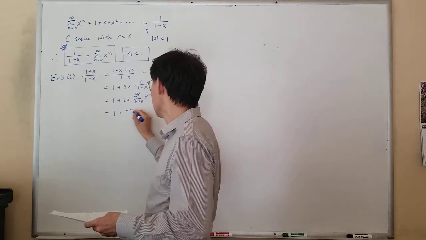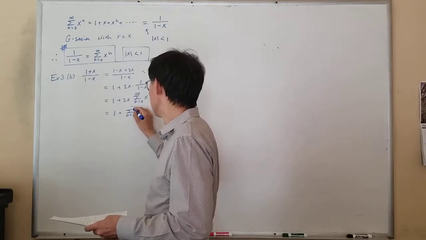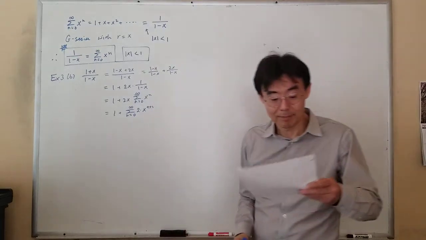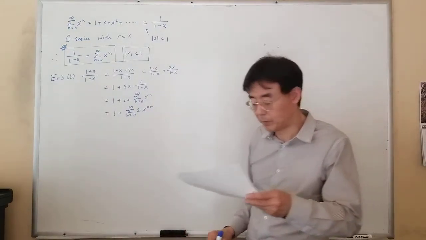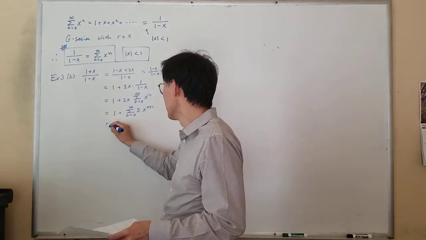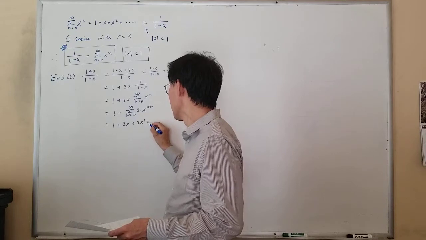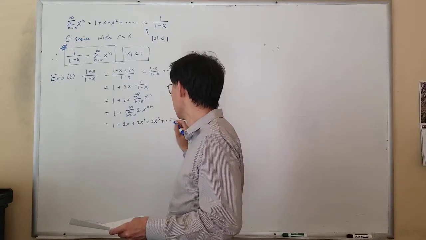So you can write it as 2 times x to the n plus 1, okay? And you can write this one as 1 plus 2x squared, 2x to the third, keep going.